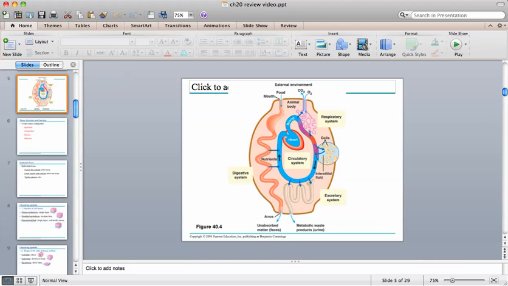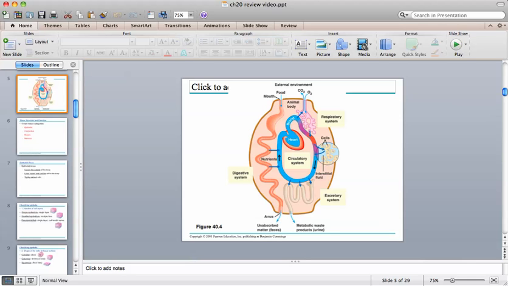But in animals, where there are many cells, a much more complex and involved system, there are compartments that deal with certain functions. We're going to be focusing in on the digestive system in a coming chapter, and looking also at the cardiovascular system coming up here soon.